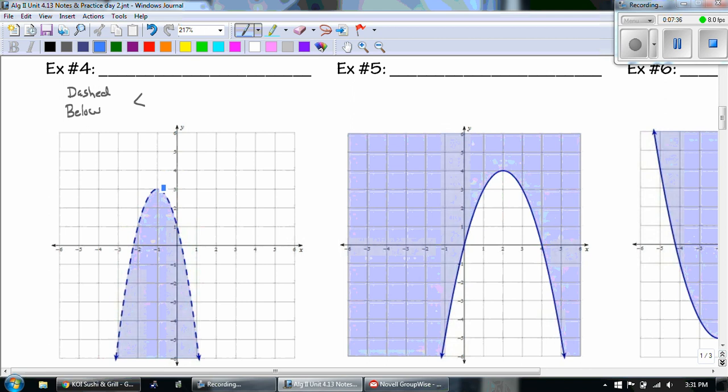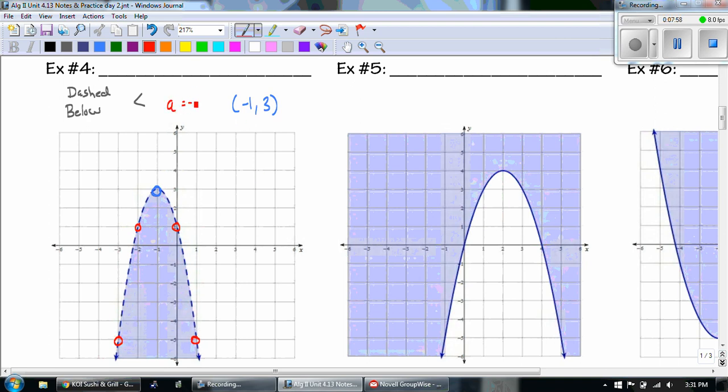I need to find my vertex, which is right there, which is the point negative 1, positive 3. And then we need to figure out what our pattern is. It's not 1 over 1 because that's where it would be. It's down 2 over 1 and then down 8 over 2.